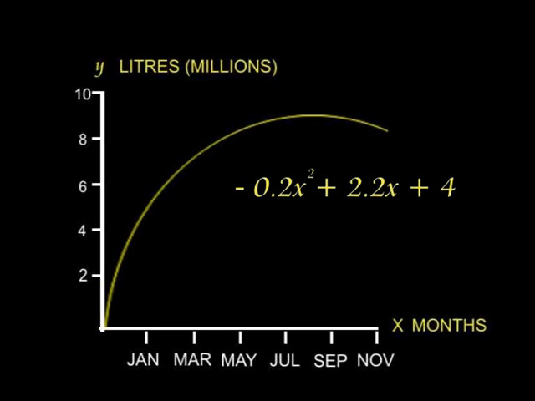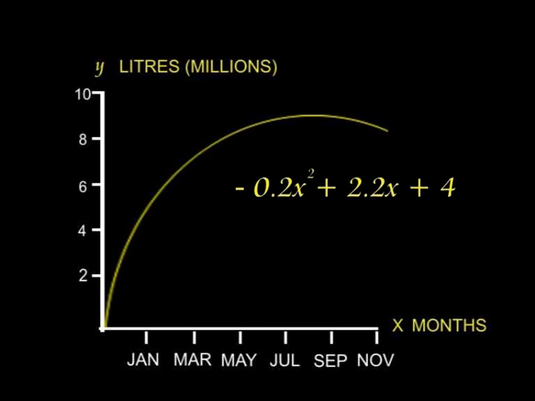Let us use this example. We estimate that the amount of water in a dam in a yearly cycle is as follows. This gives us the equation −0.2x² + 2.2x + 4 = y, where y is the amount of liters in millions and x is the time period.